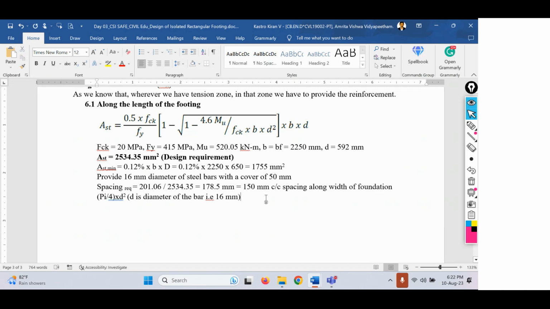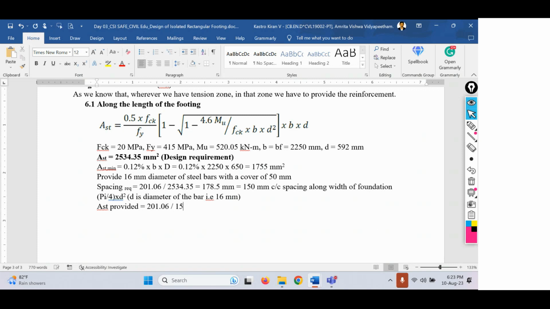So now let us find out the AST provided. How will we get the AST provided? The 201.06, that is pi by 4 into d square, where d is the diameter of the bar, that is 16. 201.06 divided by spacing.